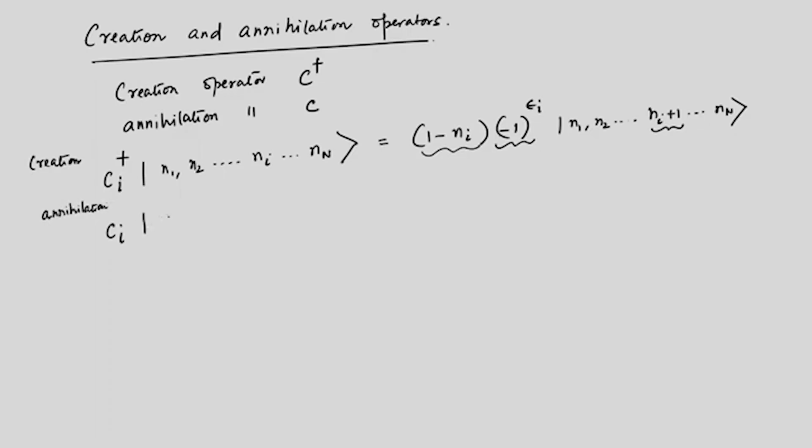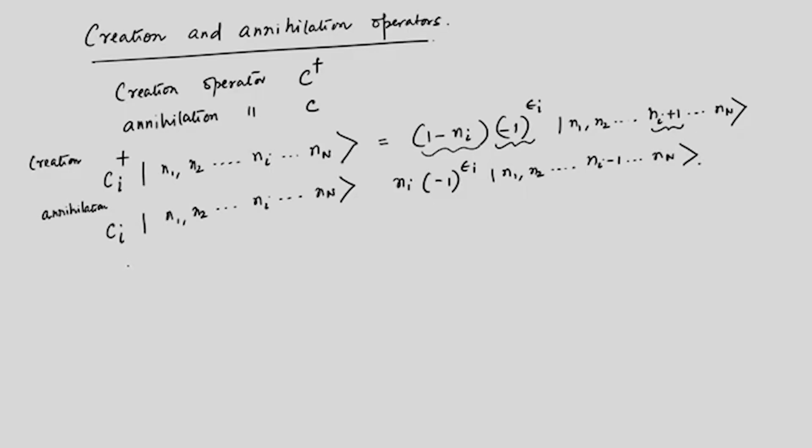So, C_i acting on n1, n2, ni, nn is equal to ni into (minus 1) whole to the power epsilon_i, n1, n2, ni minus 1, nn. Okay. So, what is epsilon_i?